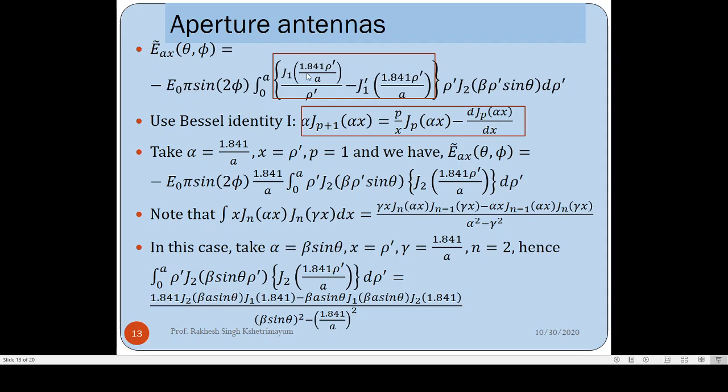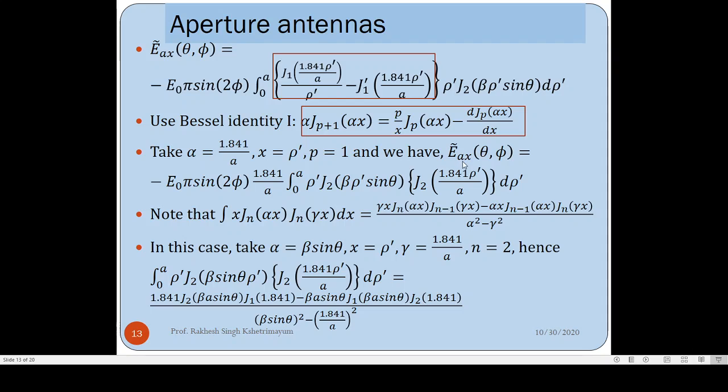Right hand side, when we compare this J1 and J_p, that means p is 1, alpha x, x is rho dash, a variable, and the constant alpha is 1.841 by a. So alpha is 1.841 by a, x is rho dash which is a variable running, p is equal to 1.